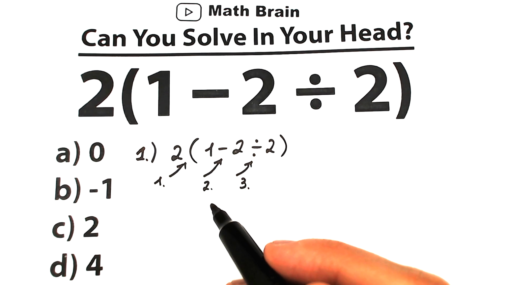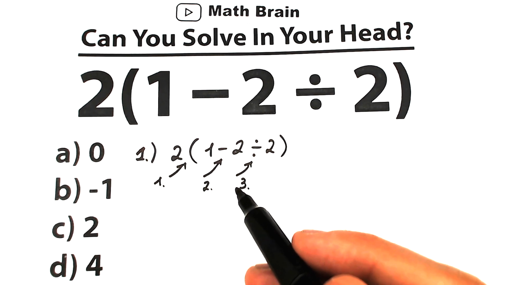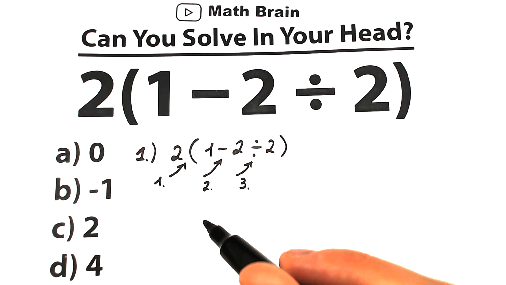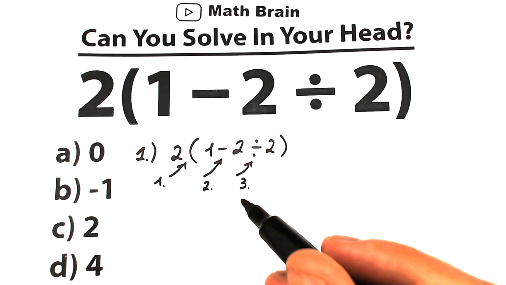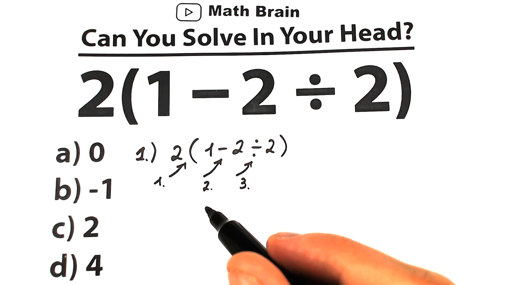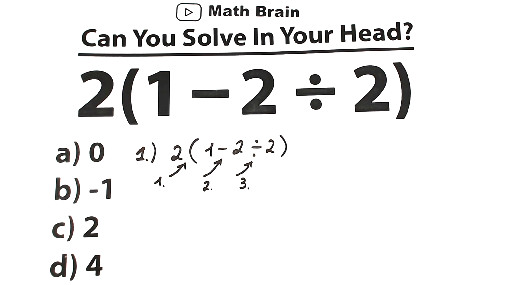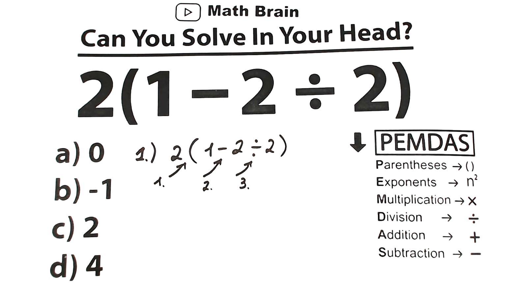But in terms of math, it's a really bad thing to solve our challenges randomly, because we should know the correct order, correct property, correct rule, and it works not only in math. For example, let's look at the PEMDAS order of operation, the most popular order of operation in the world.